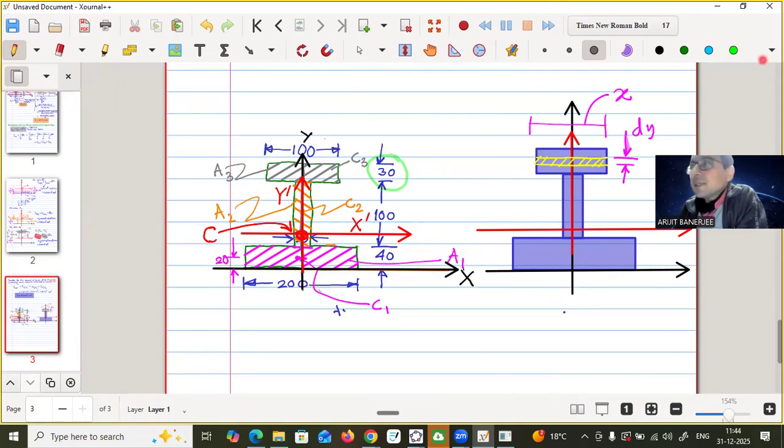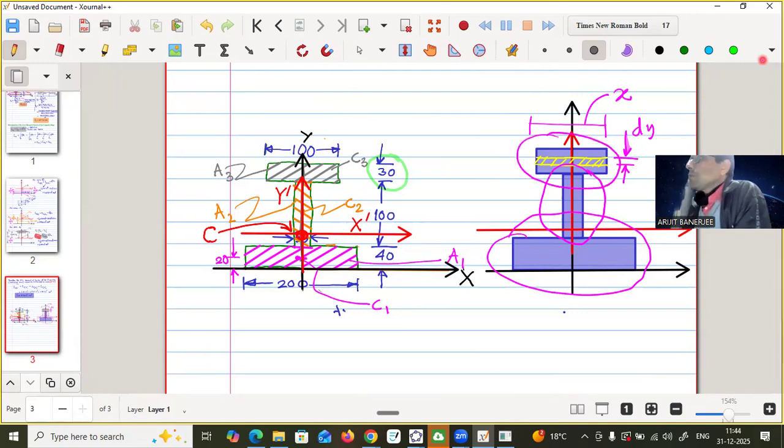Now you see that x has a beautiful nature. For this one, throughout, x is equal to how much? 200. x is constant. Again, x is a different constant for this part and a different constant for this part.